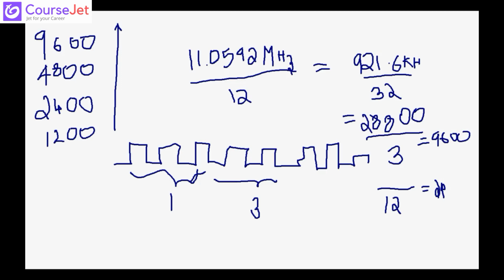So you will be generating 28,800 hertz, but for 28,800 it will divide it into blocks of 3 pulses as 1. It will count this 28,800 pulses in blocks of 3. So 3 pulses constitute 1. When you divide this 28,800 by 3 pulses, you get 9,600. That means each operation will use 3 pulses.